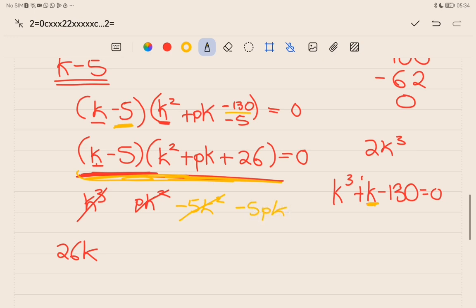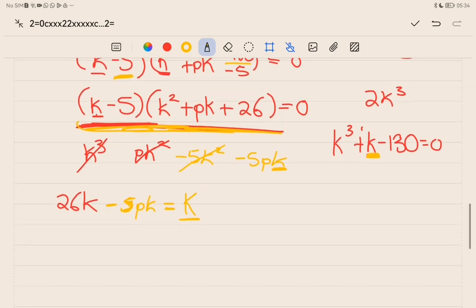That's what we want because it has only k, not k squared, not k cubed. pk is equal to what? It is equal to k. So where does this k come from? It comes from here.